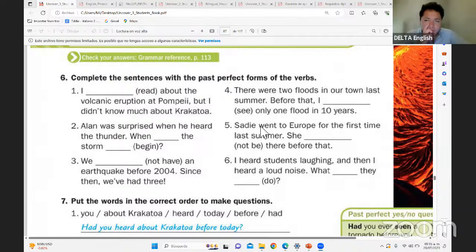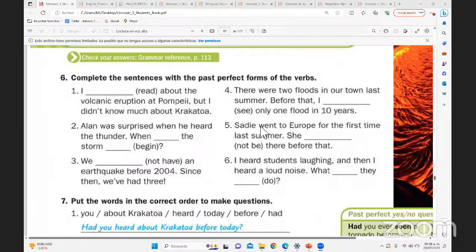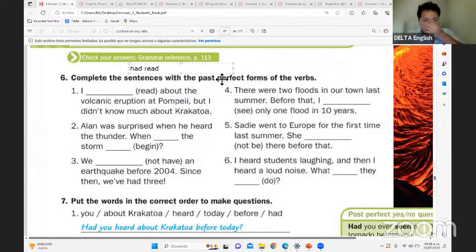The past participle, okay, en presente es read, en pasado read, y en pasado participio también read. Okay, I had read about the volcanic eruption of Pompeii, but I didn't know much about Krakatoa. Okay, excellent. So I had read. All right, so había leído.